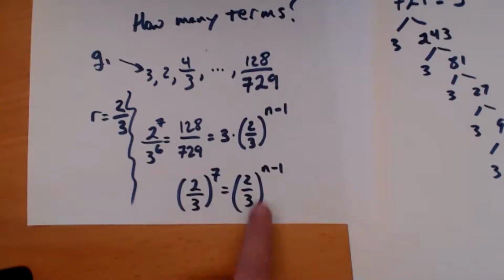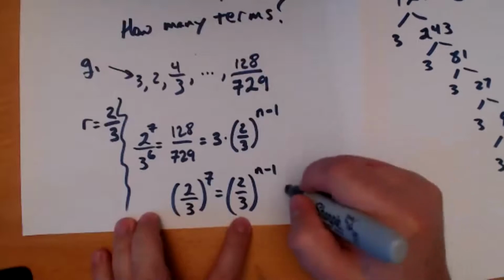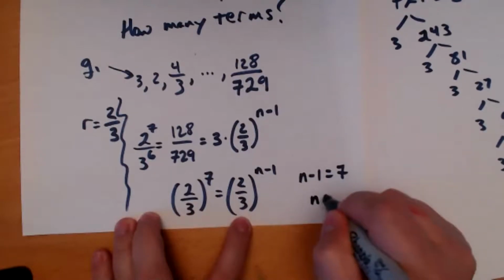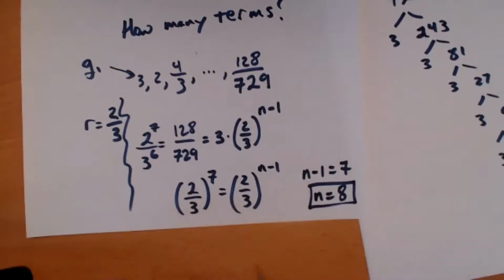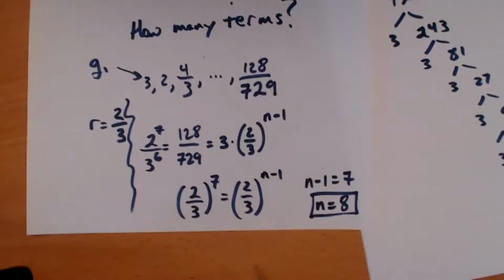So that tells me that n minus 1 has to equal 7. So n is 8. Use the prime factorization. It's a very, very, very useful tool. It will pop up again and again.